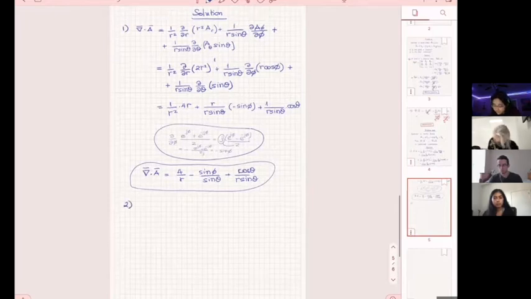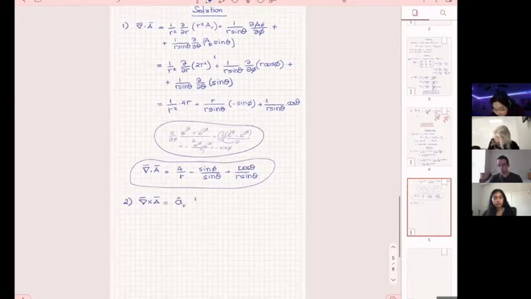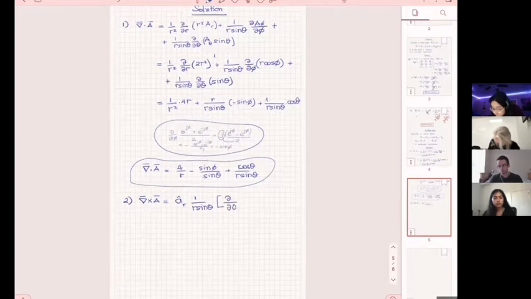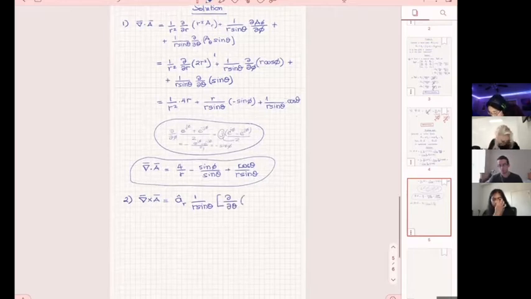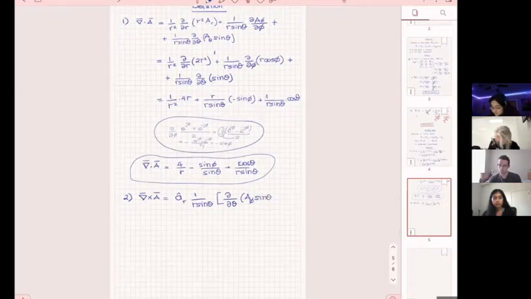The curl here is a sub r, 1 over r sine theta, and then it has theta of that partial derivative, meaning, of a sub phi, this component, sine theta, minus the partial derivative of the theta component with respect to phi.